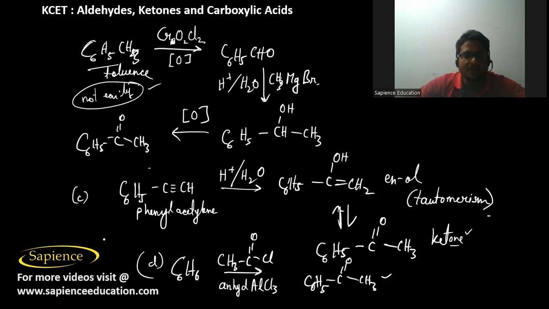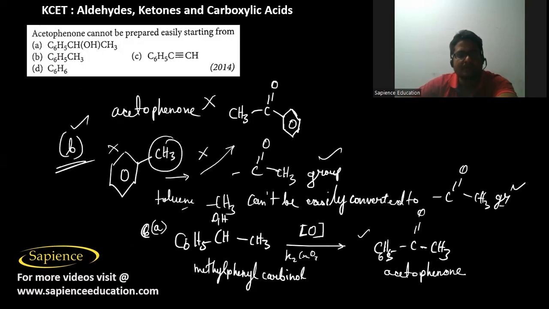So in all the options A, C, and D, the acetophenone is formed in a single step, but only in option B, it takes three steps to convert toluene into acetophenone. So hence option B is the correct answer.